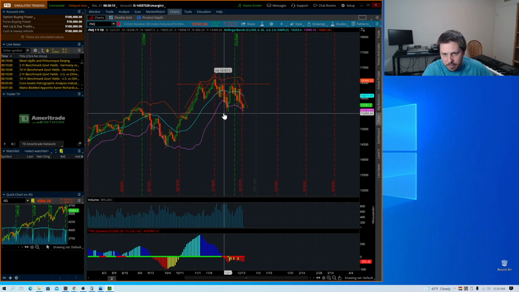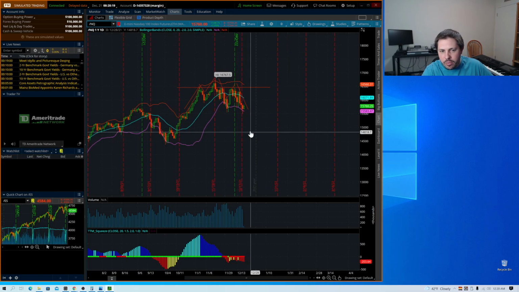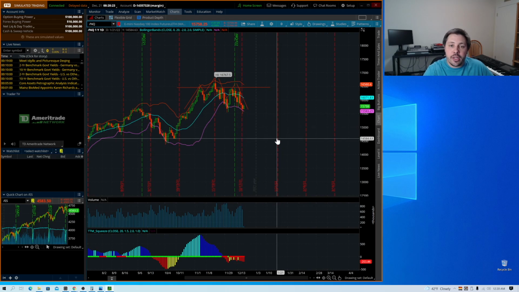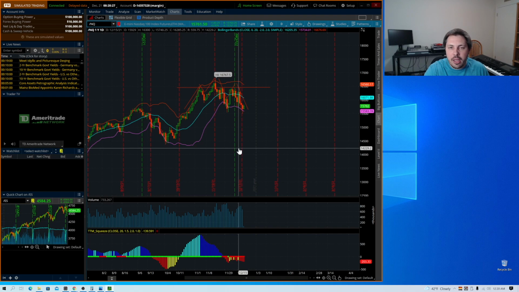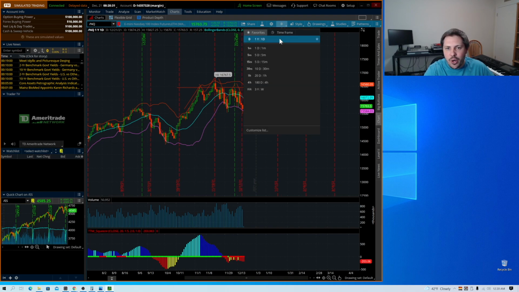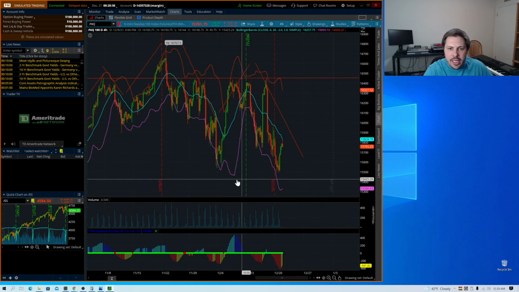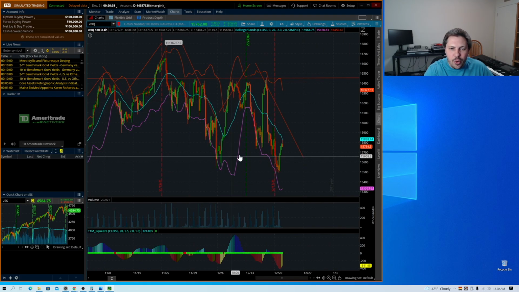And coupling that with this squeeze here, it's possible that we could see some significant downside to these markets, right? But the whole point that I'm bringing this up is we're talking about volatility, right? And Bollinger Bands are a very effective way to see when the market is going to potentially start to move, okay?